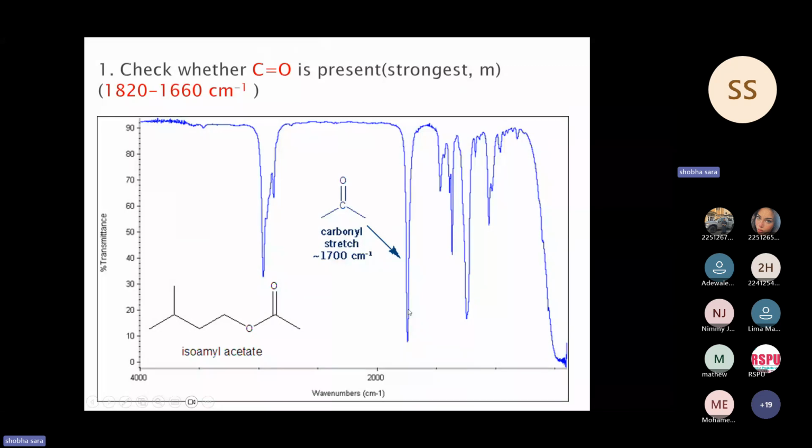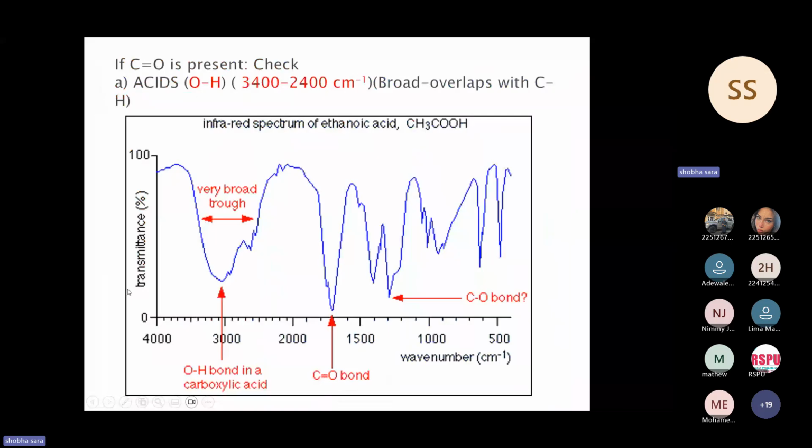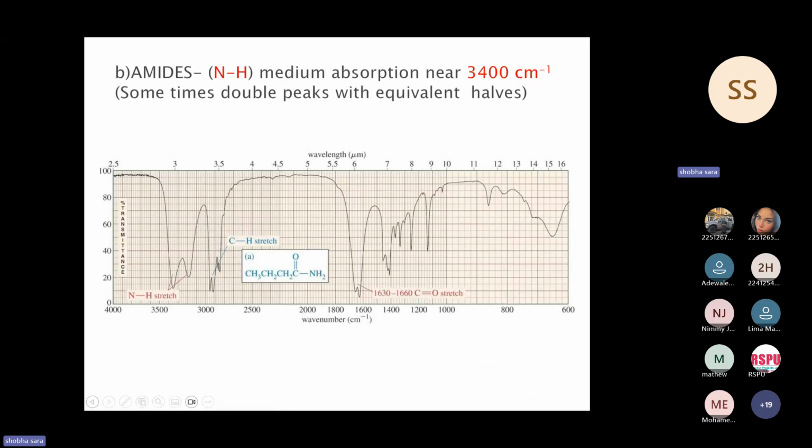Check whether there is an OH peak. As in the correlation chart, it is a very broad peak. So if C=O and OH are present, we can say it is an acid group. If OH is not there, check the amide group, NH.